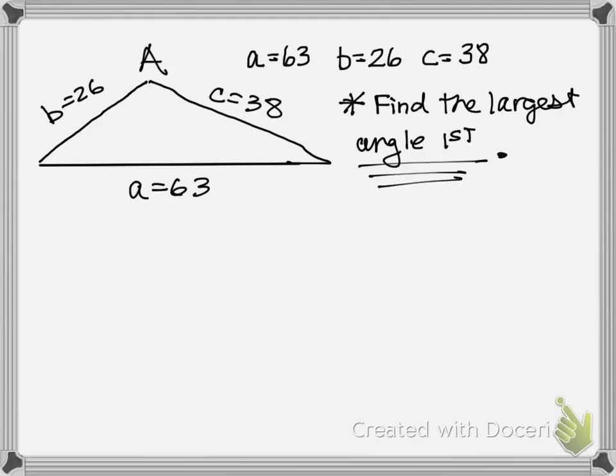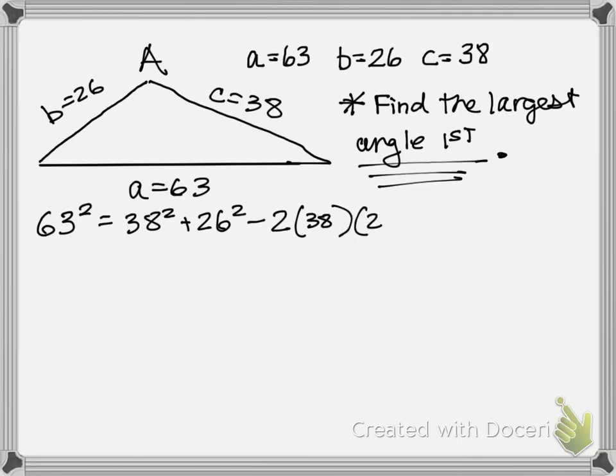So I'm going to be finding angle A. Therefore, the plug-in for the formula goes 63 squared is equal to 38 squared plus 26 squared minus 2 times 38 times 26 cosine of A.